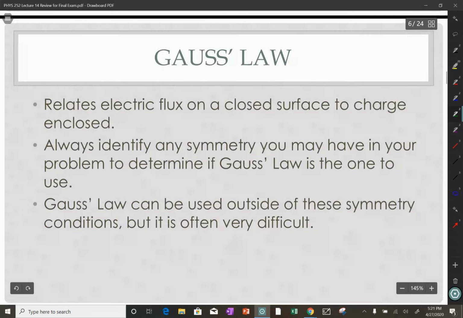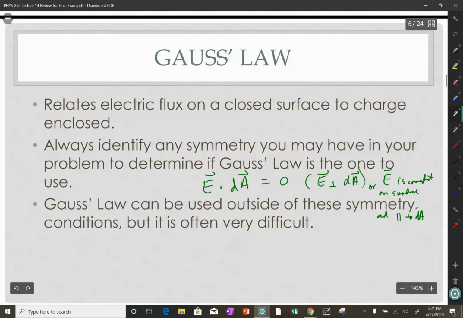Now, if you're going to do Gauss's law, you want to identify a surface where the symmetry allows you to have either E dot dA equal to 0, that is, electric field is perpendicular to dA, or E is constant on the surface and usually parallel to dA.